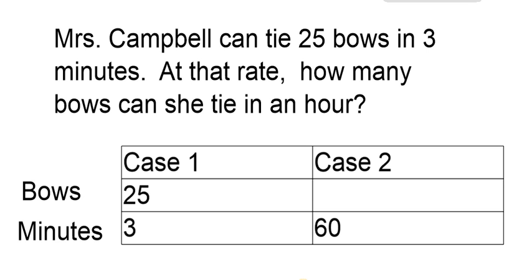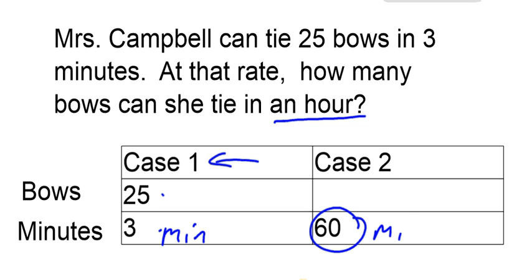In this case, case number 1, what we're given, she can do 25 in 3 minutes. Now we want to know how much she can do in an hour. First we understand that 1 hour is 60 minutes because we need the same label, minutes to minutes. With that information, now we are able to solve.